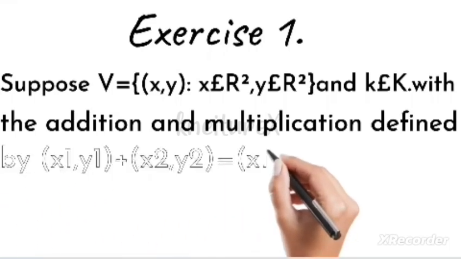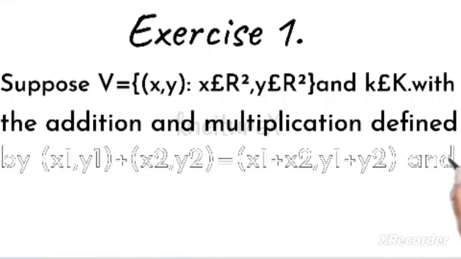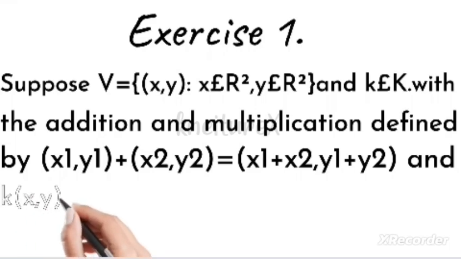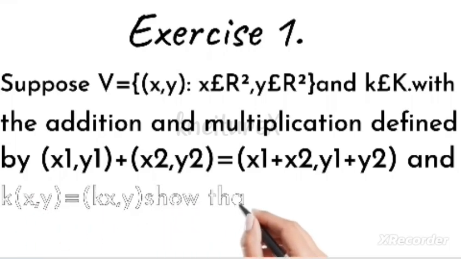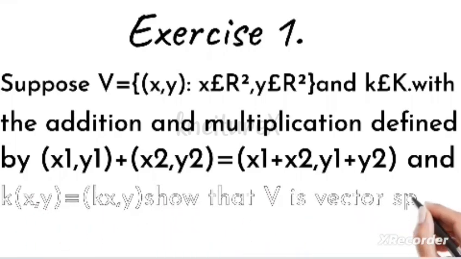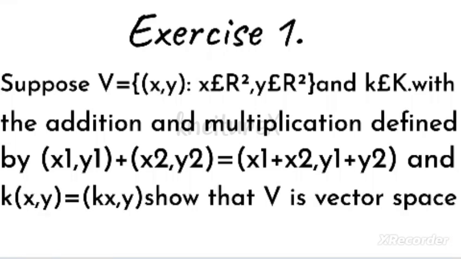Suppose V equals (x, y), such that x is in the 2-dimensional Euclidean space and y also, and we have a scalar k in the field, and we have a vector addition and scalar multiplication that we are going to follow to show whether V is a vector space or not.